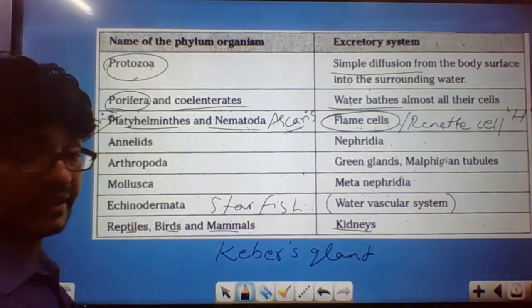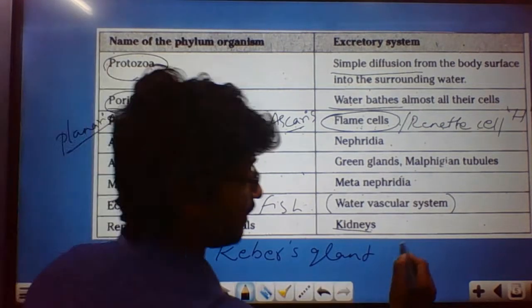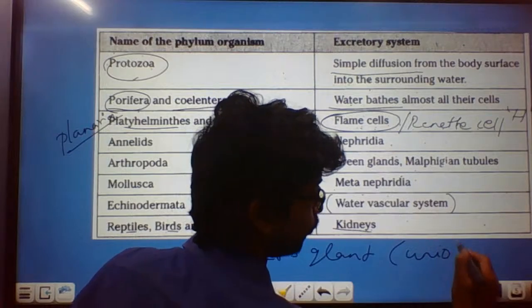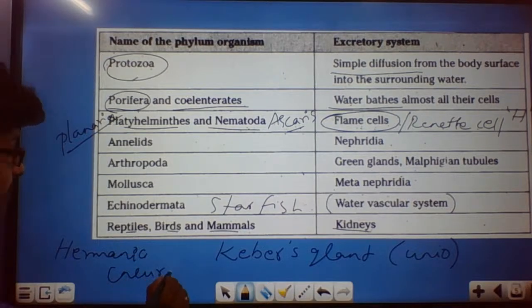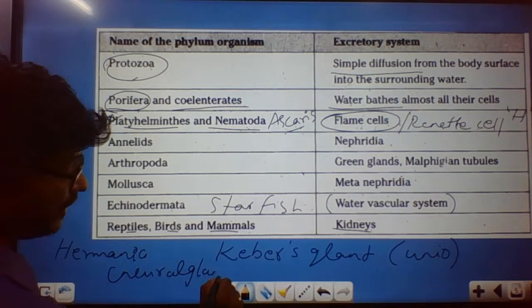If you say you have never studied Keber's gland, Keber's gland is actually present in the mollusc Unio. Then we have something called Keber's gland and something called Hemichordata, the neural glands. These are rare exceptions actually.